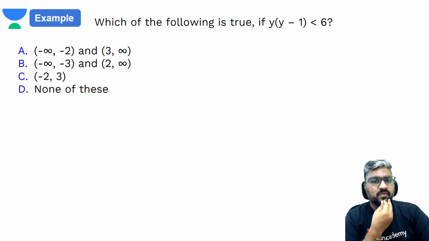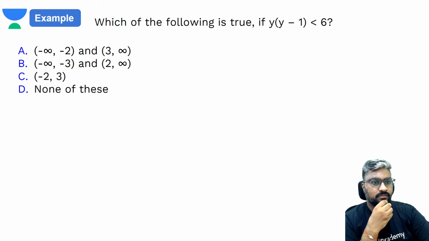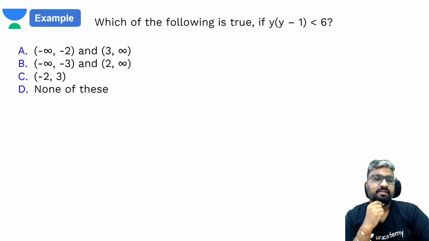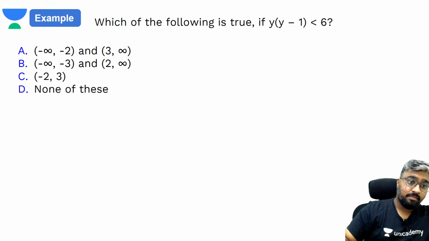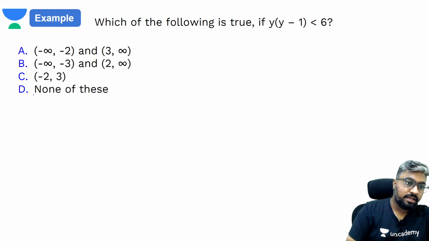y into y minus 1 should be less than 6. With reverse engineering, you can give the answer in less than 10 seconds, but you have to be careful when you have none of these.